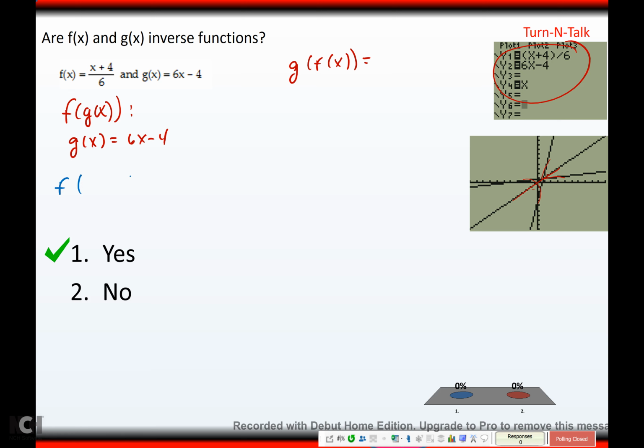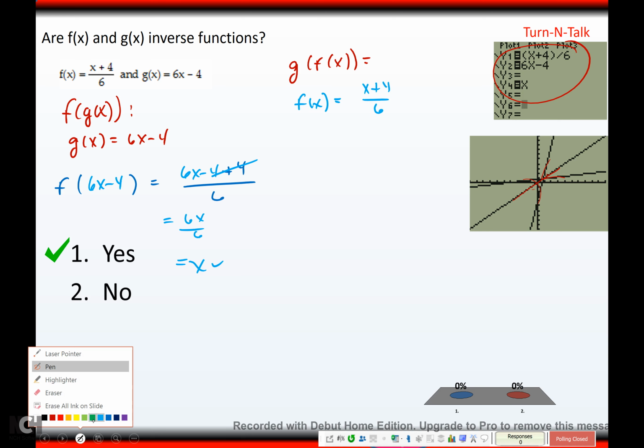The f function says, whatever you brought, add 4, divide by 6. I brought 6x minus 4. Well, the 4s cancel, and I'm left with 6x divided by 6, which is the mother function, so we're halfway there.